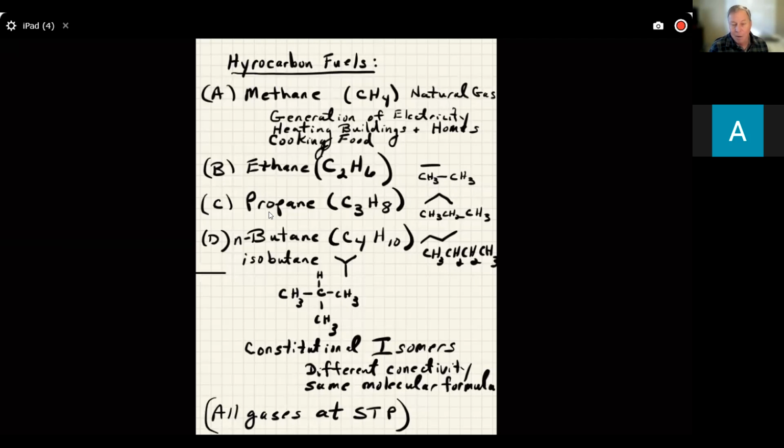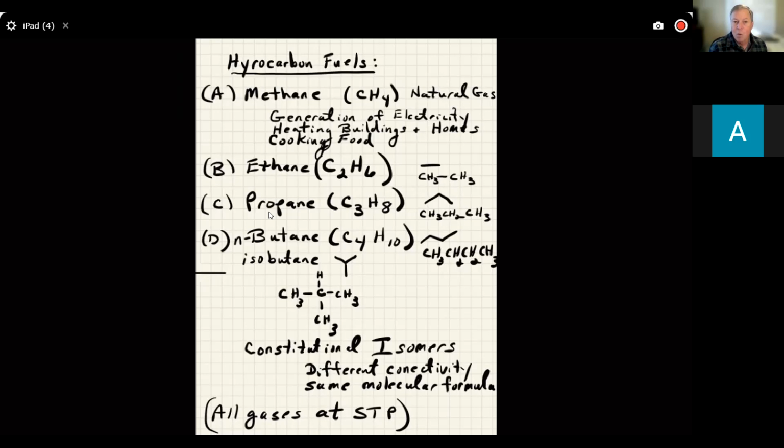Now, there are still problems, because when you burn methane, just like when you burned carbon, even in a complete combustion, even if it went perfect, you would make CO2 and water, and then obviously heat that you're using to make the steam. The CO2 is the issue there because it's a greenhouse gas.